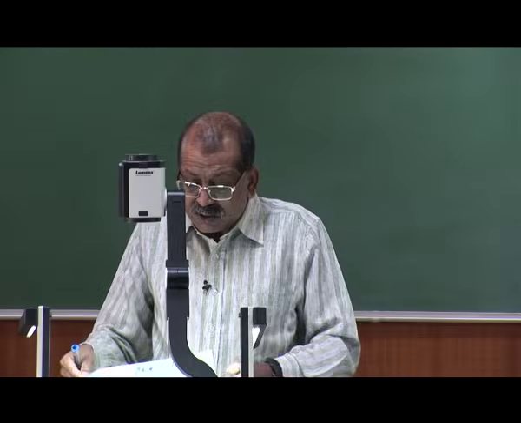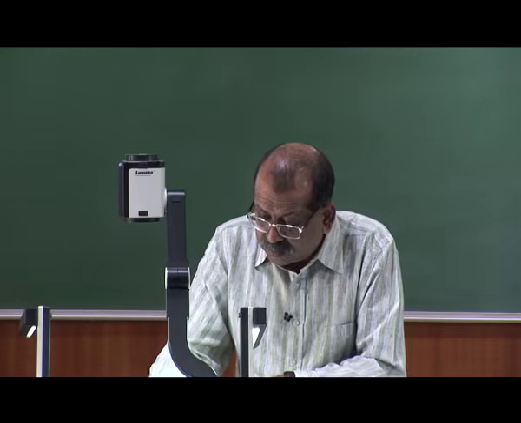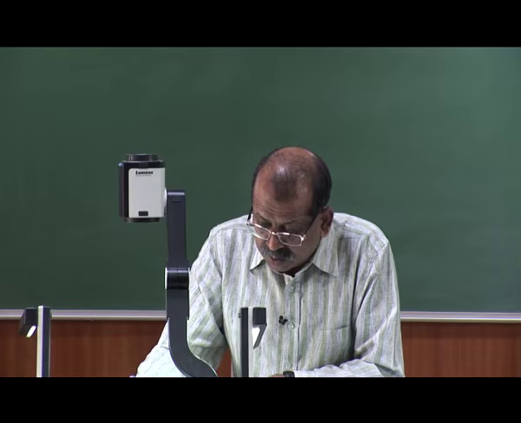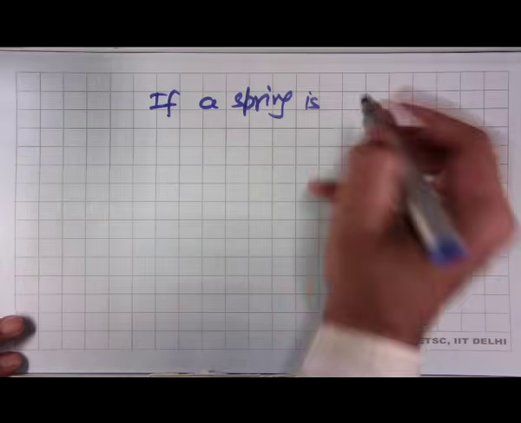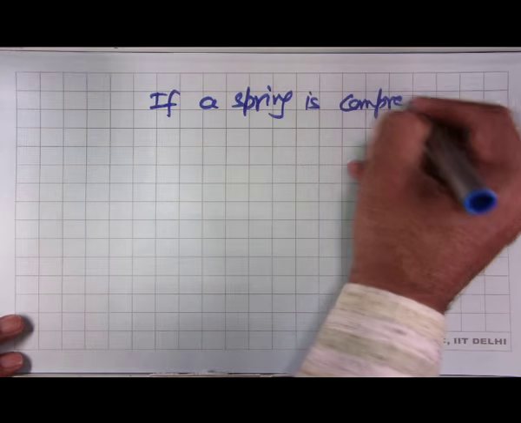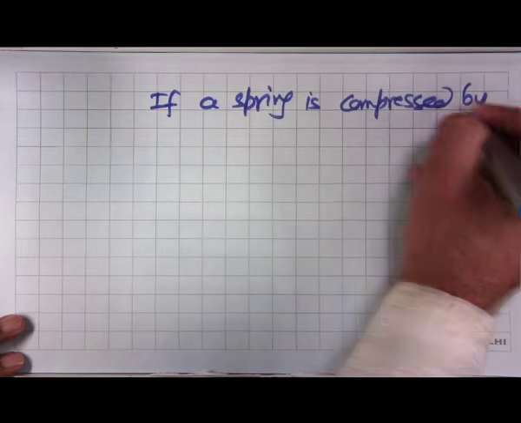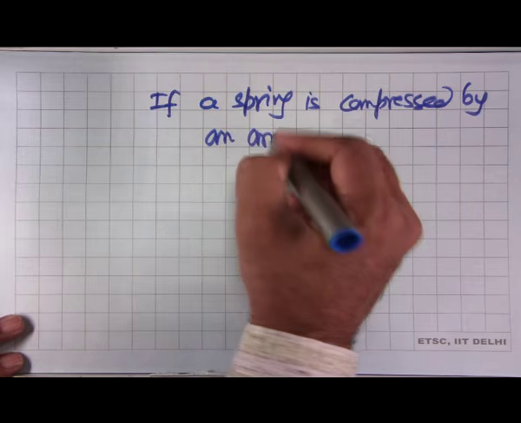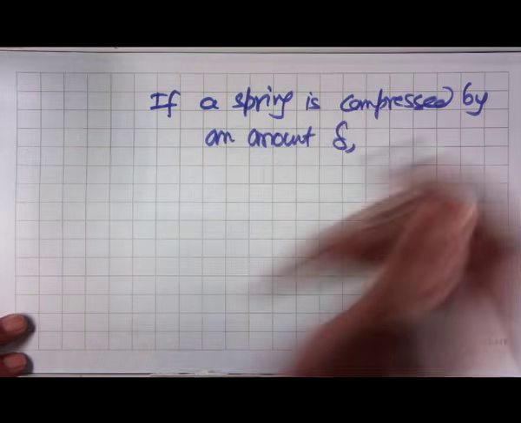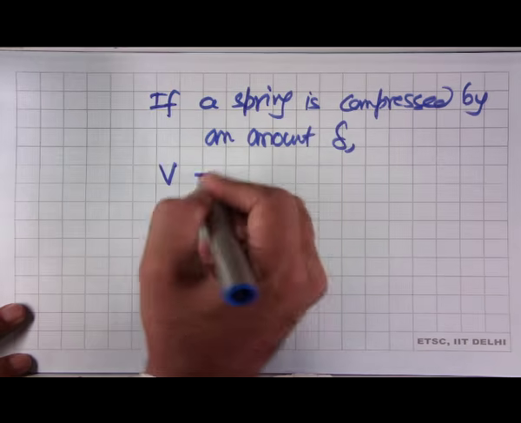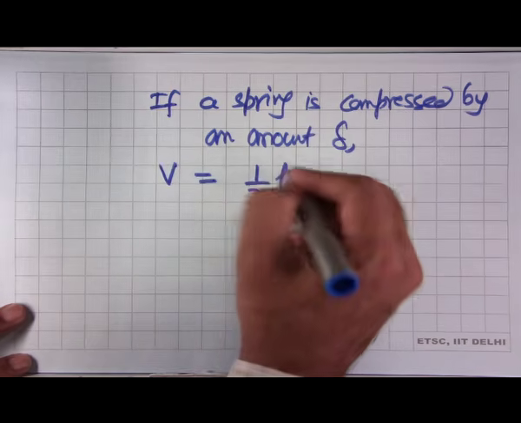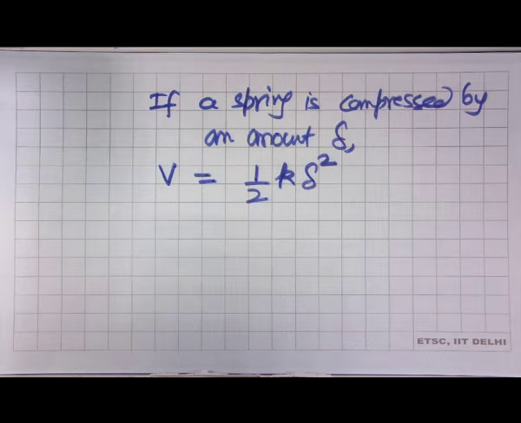So, what we have is, if a spring is compressed by an amount delta, the potential energy for the spring can be written as half k delta square.